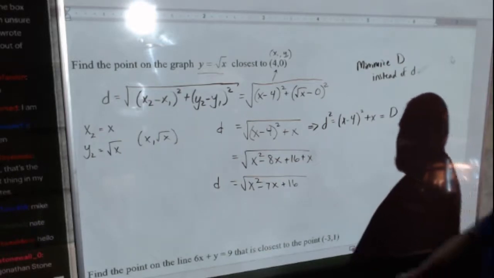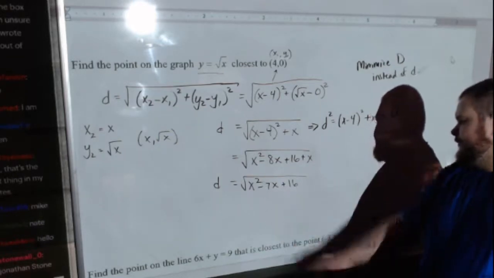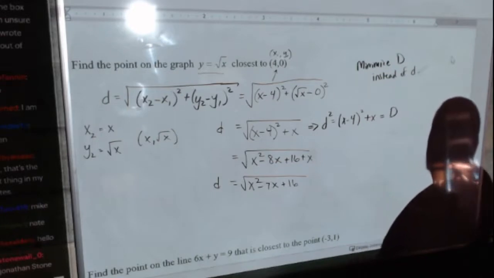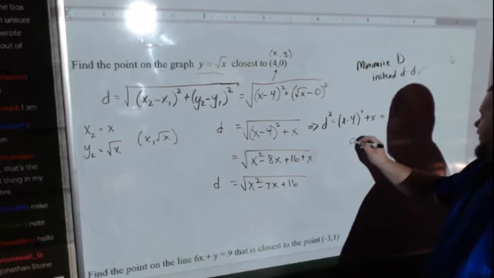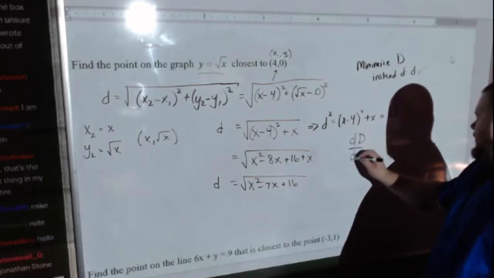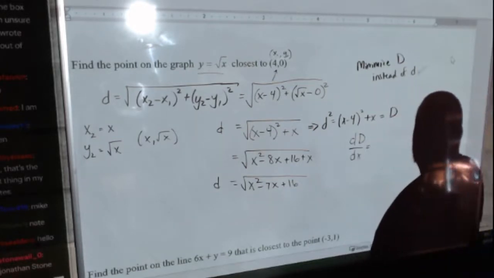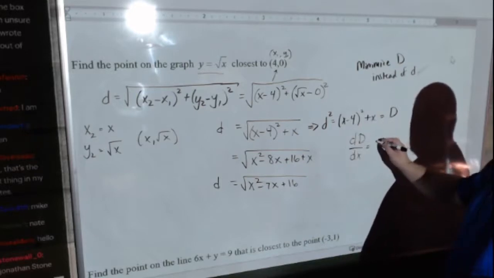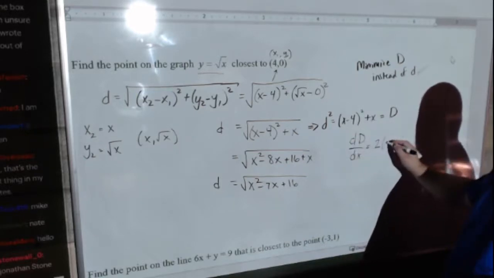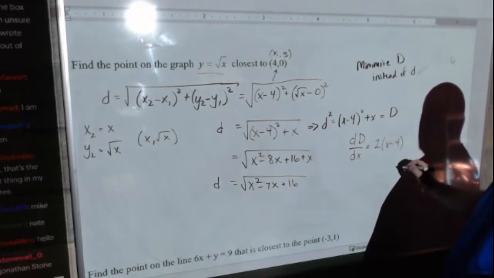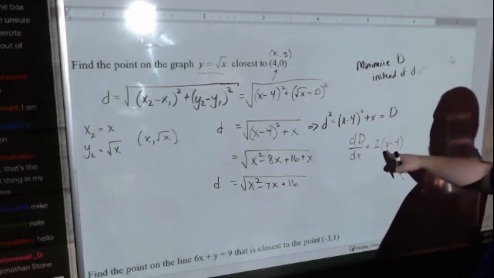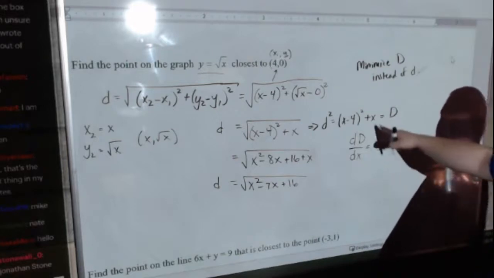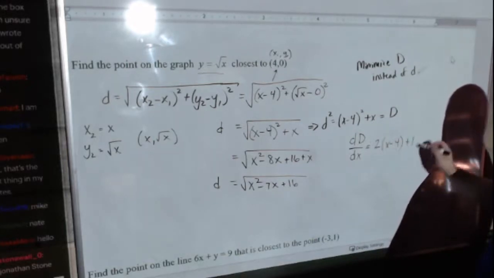So again, if you wanted, you could take that form there as well. I'm going to take the derivative of D with respect to x. So that's going to give me 2 times (x minus 4) to the first times 1 for the derivative of x on the inside, and then the derivative of x is plus 1.